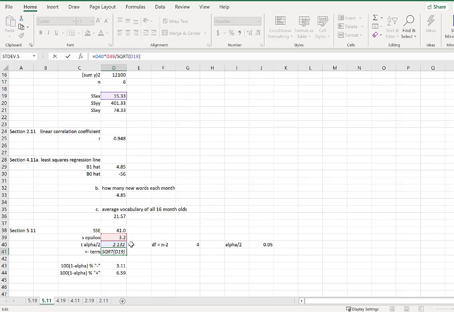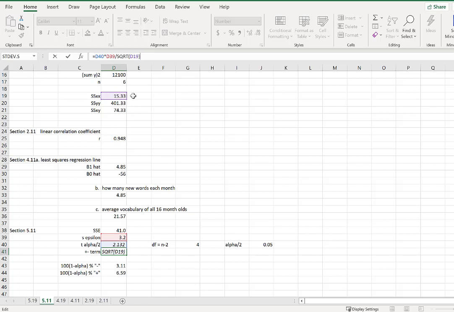Then that is times the sample standard deviation of errors, S epsilon, which was the red, D39, showing that it's pulling the value we just calculated. And that's divided by the square root of the sum of the squares of the x's, shown in purple, right up there in D19. So I've got the square root of the right number there. And that gets me that term, which is going to be plus or minus 1.74.